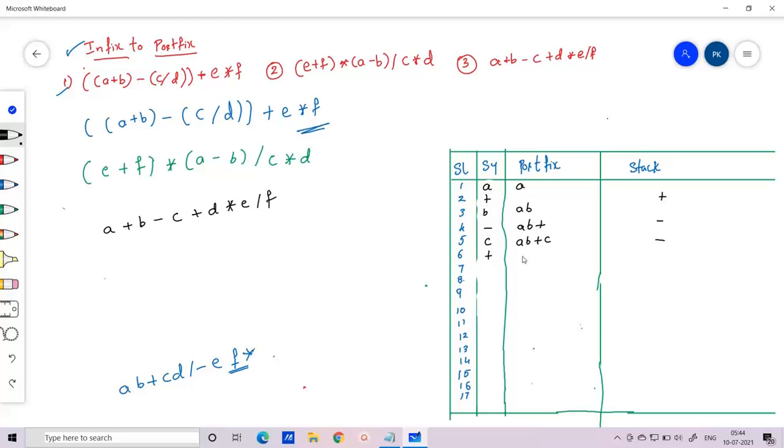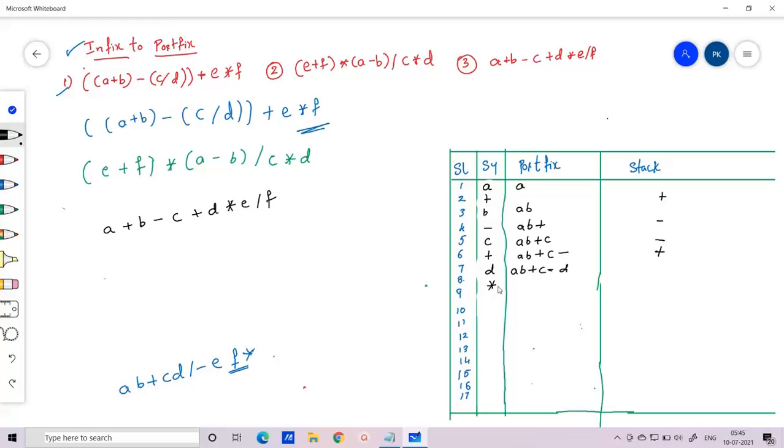So I'll get something like AB plus C minus. Okay, and after that plus will be written onto the stack, and after that we have D. So it will be written onto postfix. So AB plus C minus D, and the next character we have is the multiplication symbol.